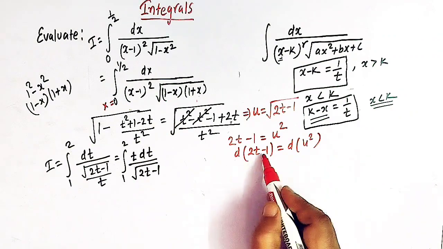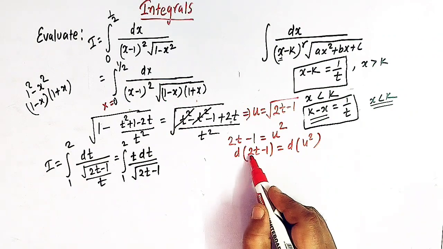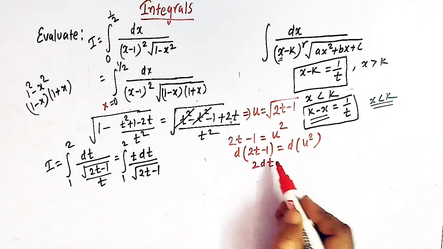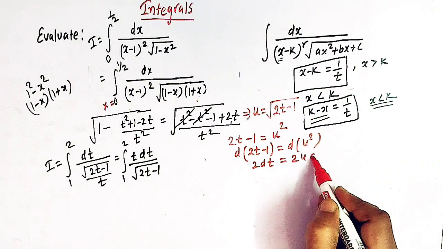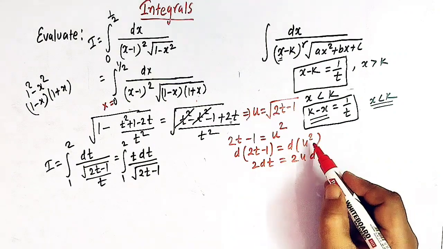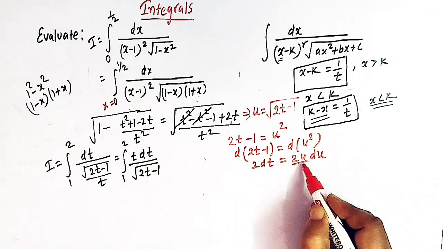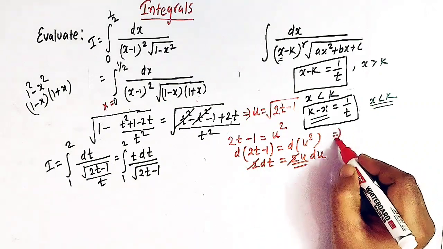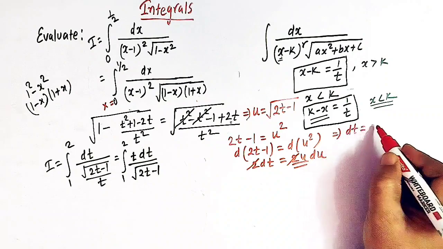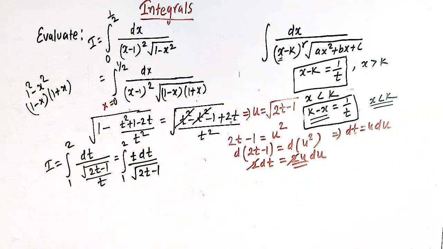So this is the derivative operator. So the derivative here is simply 2 dt, derivative of 1 is 0, and here we have 2u du, right? So the derivative of u square is 2u. So this 2 and this 2 get cancelled. So we are left with dt is equal to u du, right?